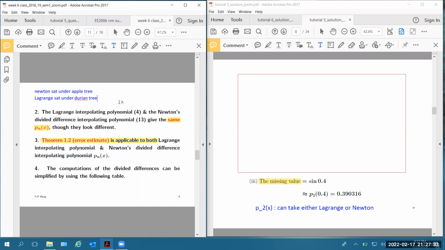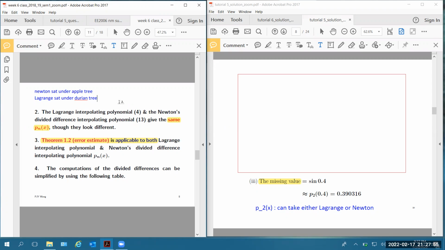Class, is that really what happened? What do you think? I don't think there's any durian tree in Europe. I'm not sure, that remains to be seen.